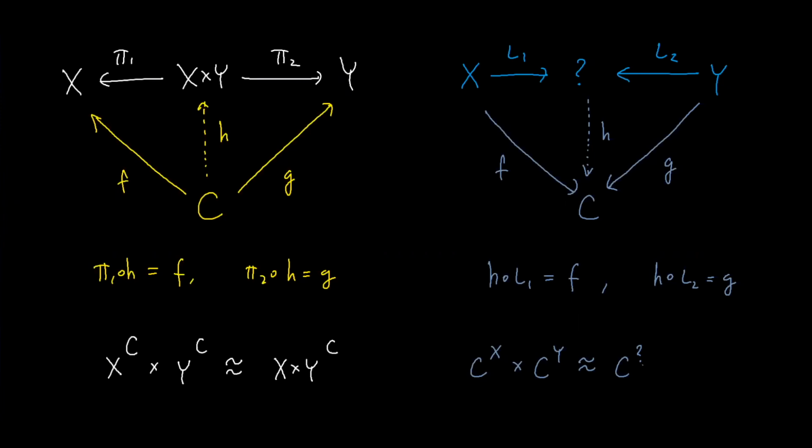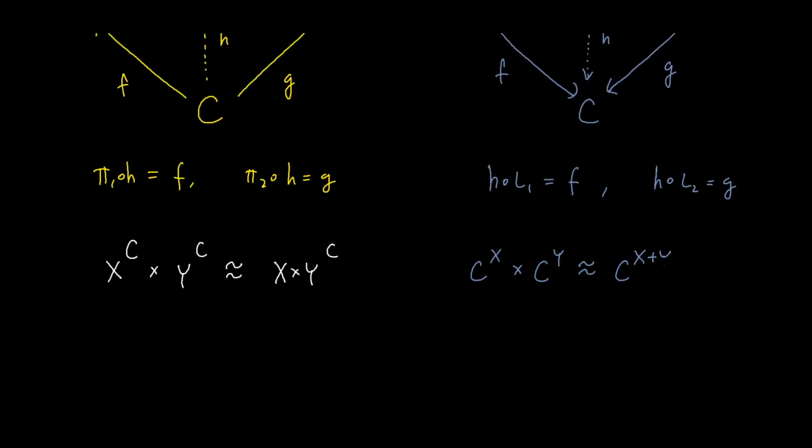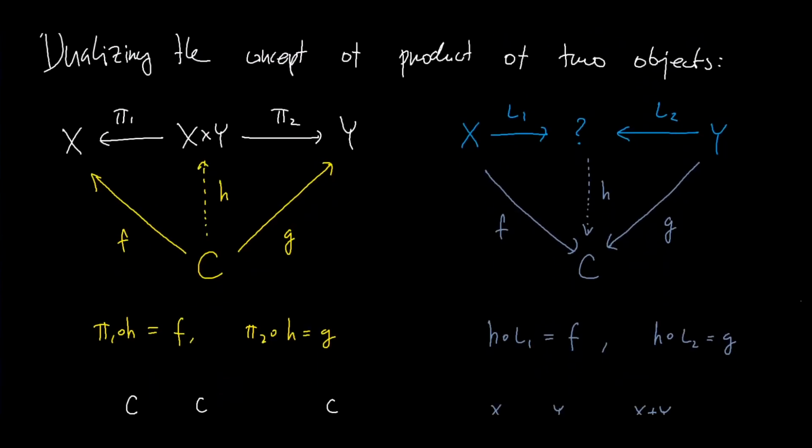So what shall we put here in the place of question mark? If the numbers, we say X plus Y. Yes, we say X plus Y for numbers. Now we need a set whose number of elements will be the sum of the number of elements of X and Y. So if I have two sets, X and Y, what is the set whose number of elements is the sum of the numbers of elements of X and Y?